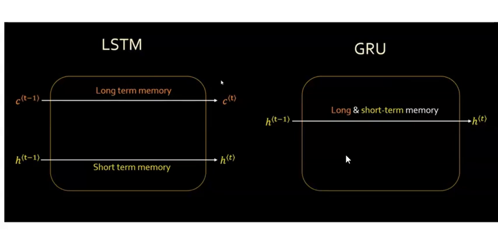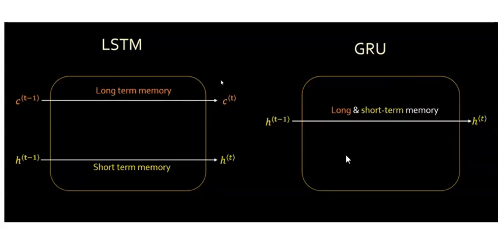So this is the basic difference between LSTM and GRU. In LSTM, we have two memories, one short-term memory and one long-term memory. Short-term memory consists of H of t and long-term memory consists of C of t. H of t minus 1 is the previous memory at the t minus 1 time, and H of t is the current hidden state, or current memory state.